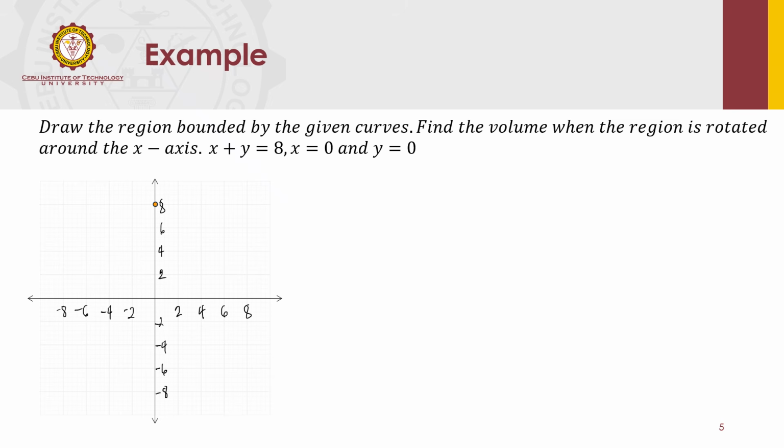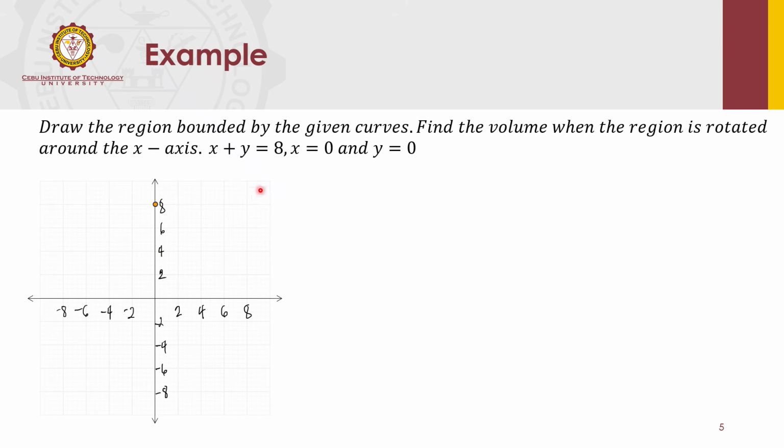We need 2 points to form a line, so we use the intercepts. If we let x be equal to 0, we're solving for the y-intercept, so y is equal to 8. It crosses the y-axis at y equals 8.